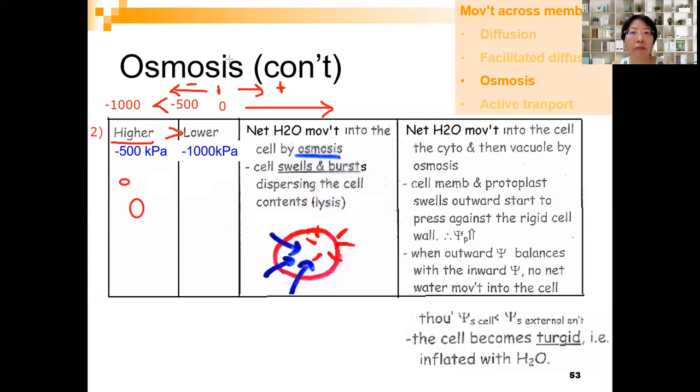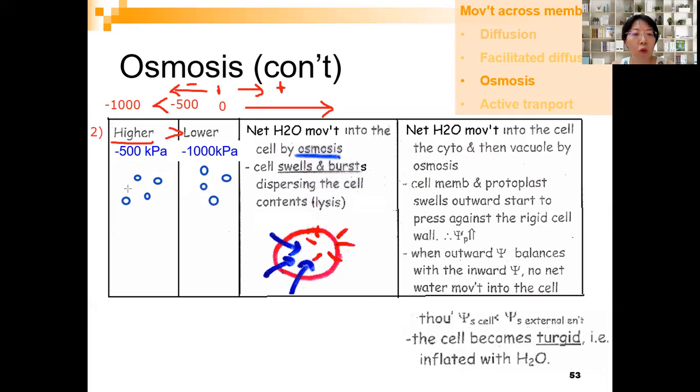Hang on, I draw again. I use blue color. So both sides also got water molecules, right? Which side got more water molecules? The left side.